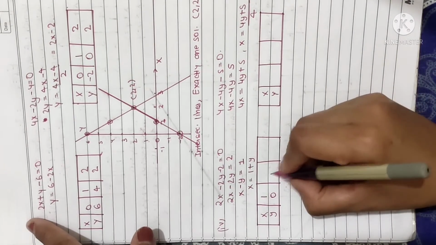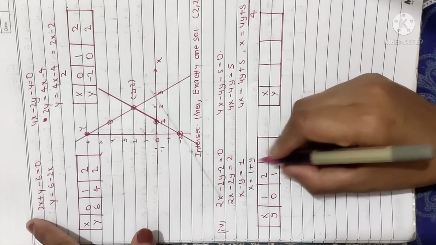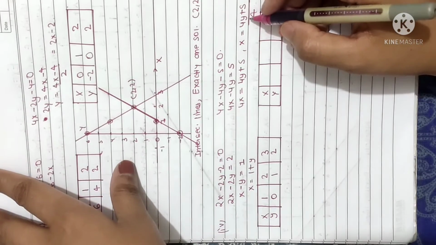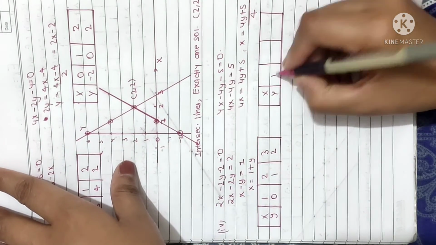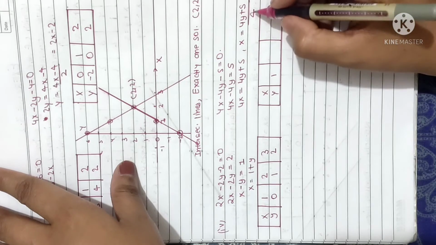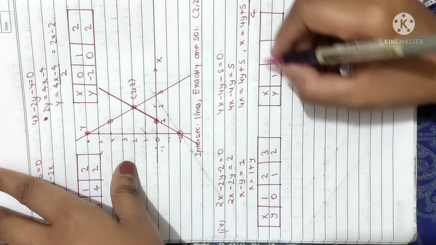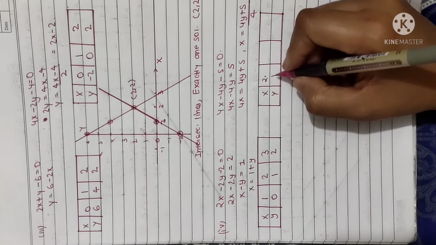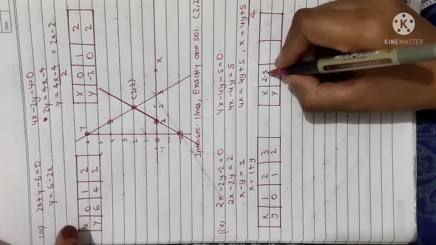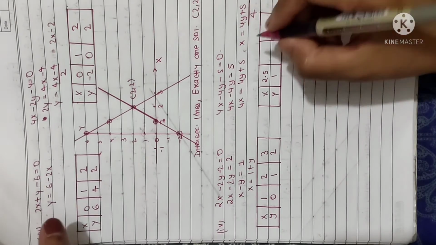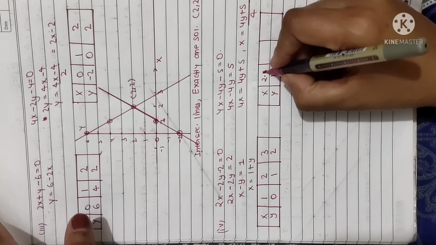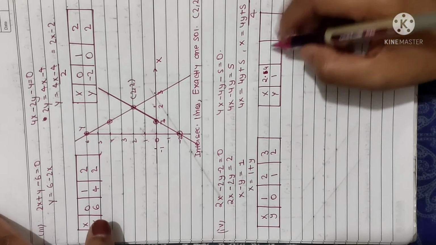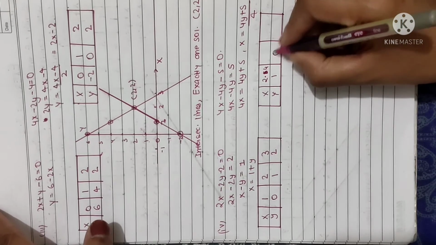When I put y as 1, then x will be 2. When I put y as 2, then x will be 3. Here if I put y as 1, then it will be 4 + 5, 9 upon 4, so 9 upon 4 is 2.4 something.